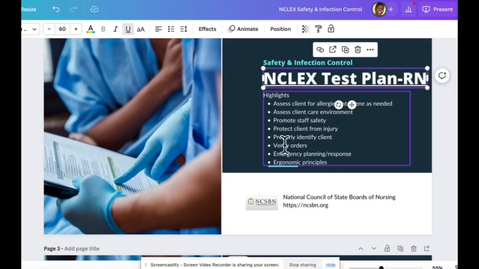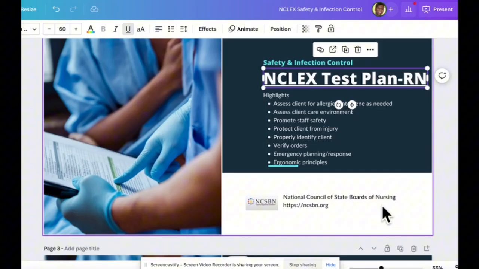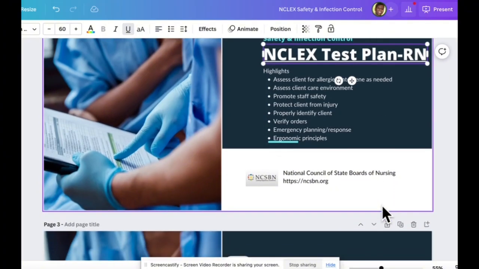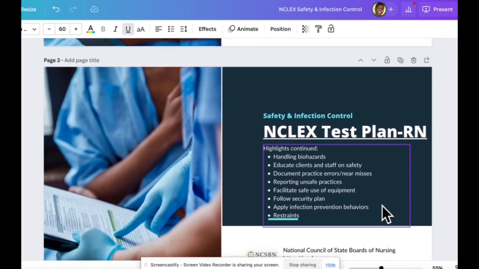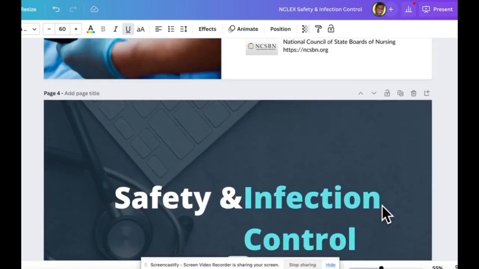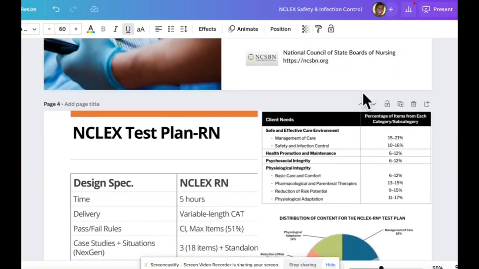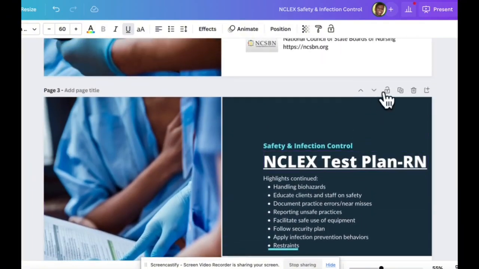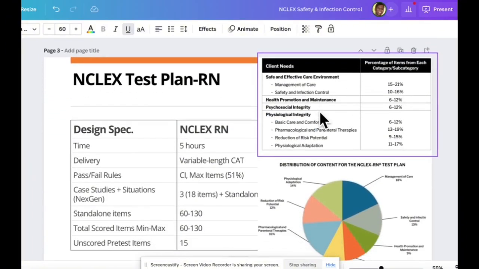Some of the highlights I list in my bulleted list here. The National Council of State Boards of Nursing, those are the test writers, creators. So again, familiarize yourself with that plan. I had a couple of bonus pages in there that I could probably remove.